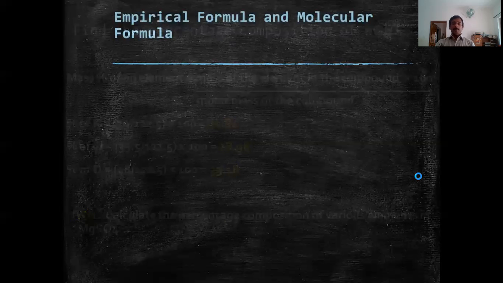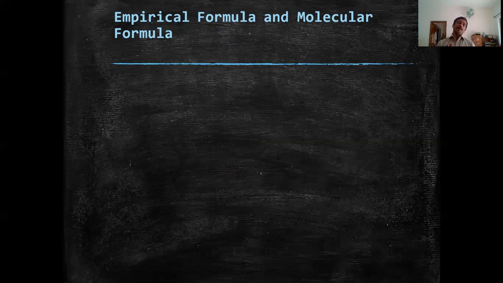Okay, now empirical formula and molecular formula. What is empirical formula? Empirical formula is the relative number of different atoms present in a compound, or the simplest ratio of different atoms present in the compound.